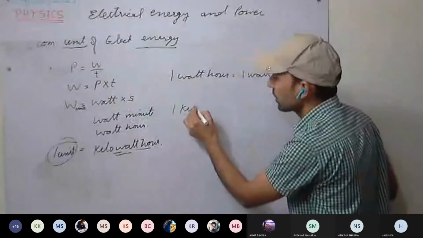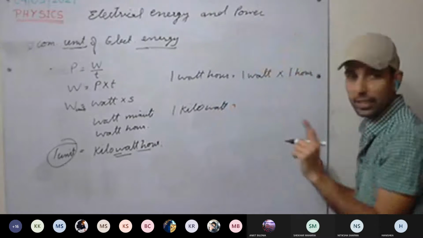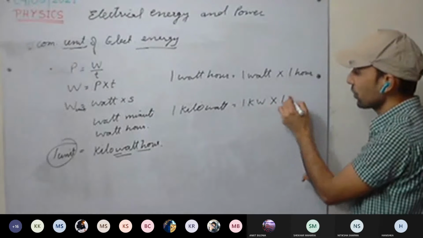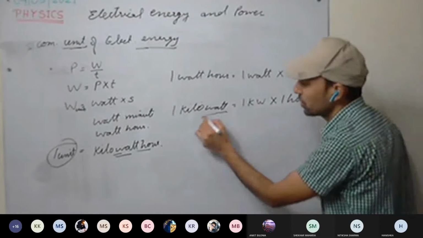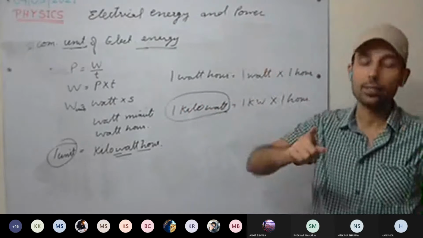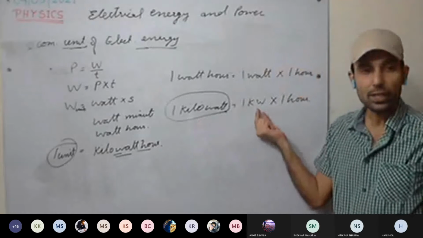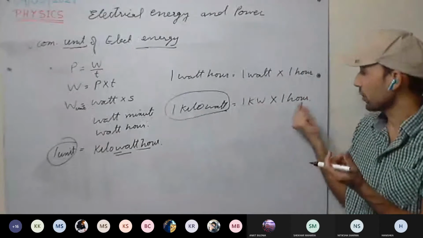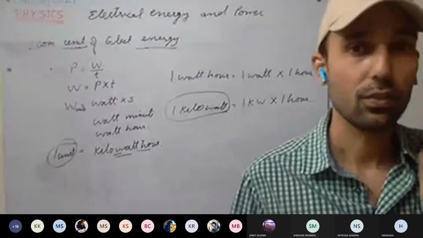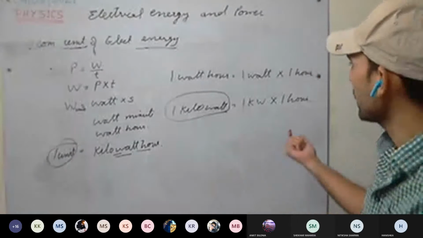It means when we have an appliance of 1 kilowatt and it is used for 1 hour, the energy consumed is 1 kilowatt hour. The energy supplied to that appliance is 1 kilowatt hour. So a 1 kilowatt appliance that has worked for 1 hour has consumed 1 unit. This is clear? Now, what is the relation between these?